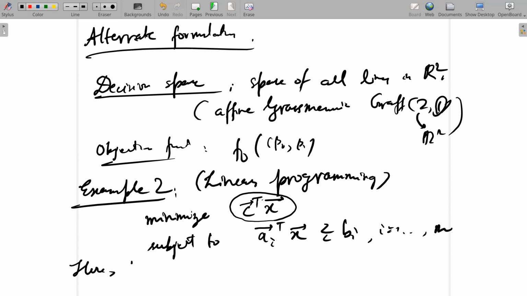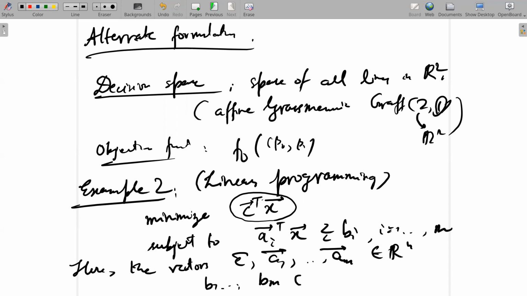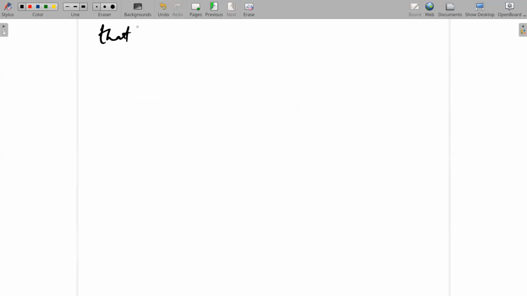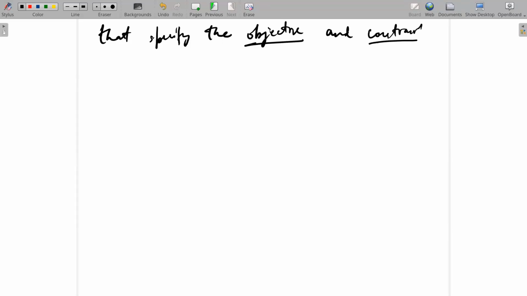Here the vectors c, a1 through am are all in Rn, and b1 through bm are all in R. These are the problem parameters that specify the objective and constraint functions.